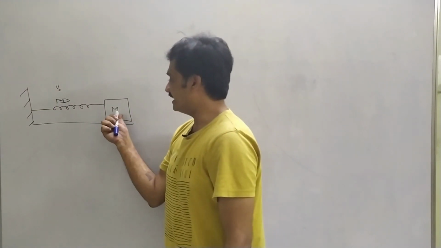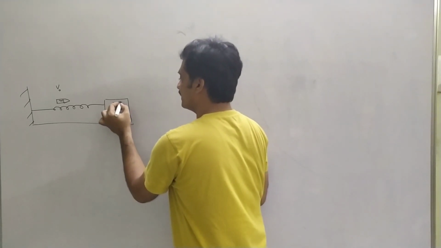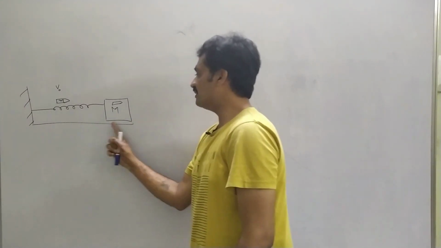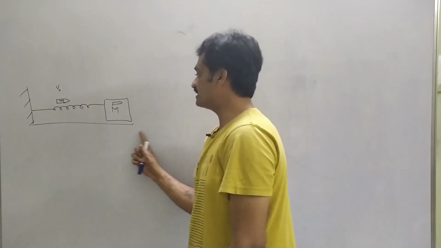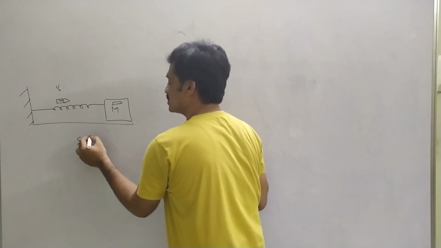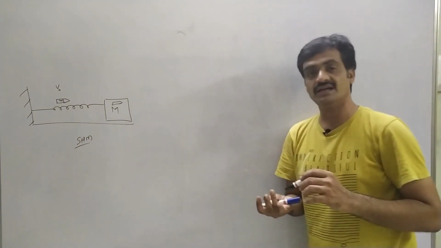As it collides, it is embedded into this mass and remains at this position, and this block capital M starts oscillating about the mean position. Here we get SHM, simple harmonic motion.